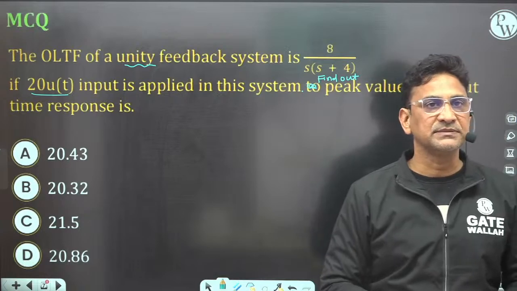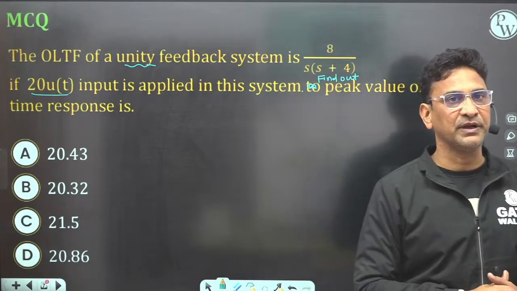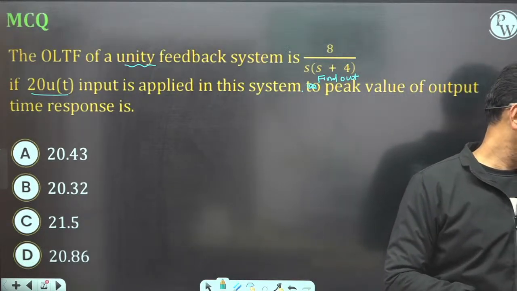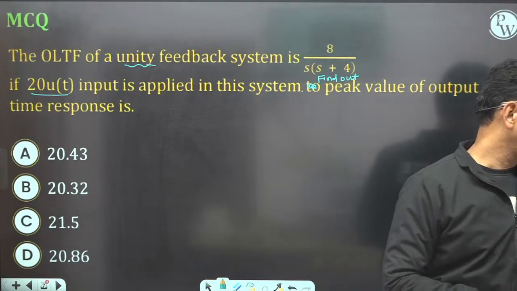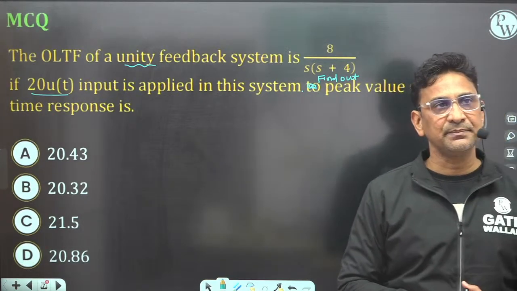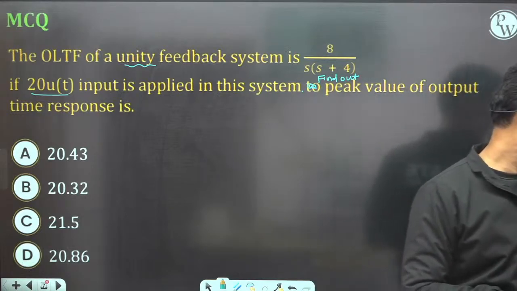What will be the maximum value of output that you have to find? Here I am applying a step input of 20 magnitude.